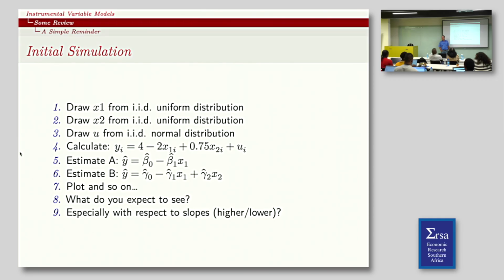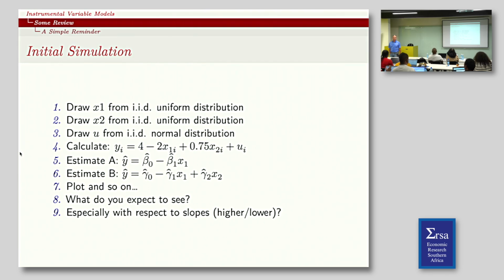Okay, but I'm thinking that in estimate A you're also ignoring the other term. So the error term in model A has these two components in it. But why should it just be in the error term? Because it's everything that you don't put in the model.